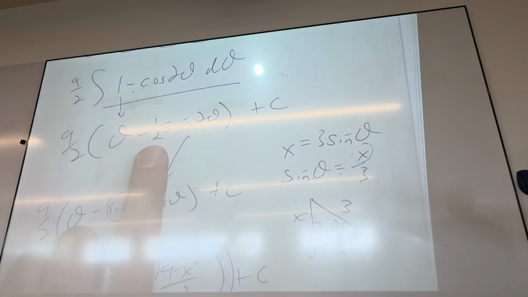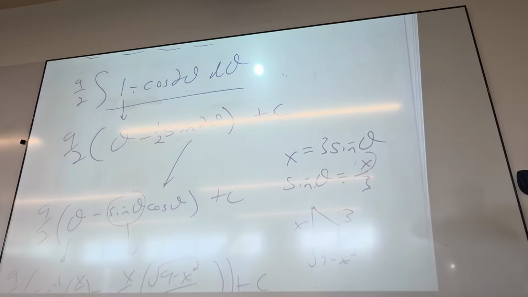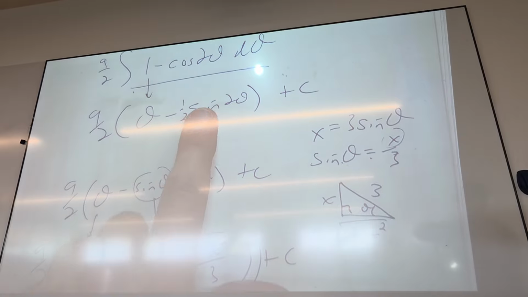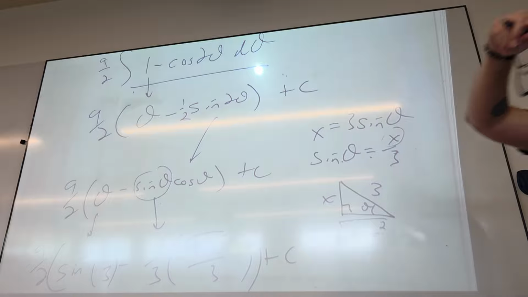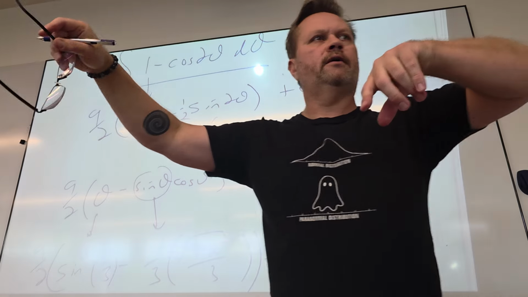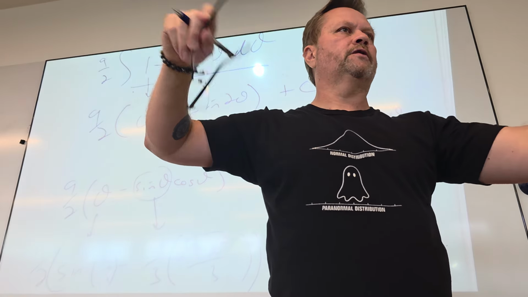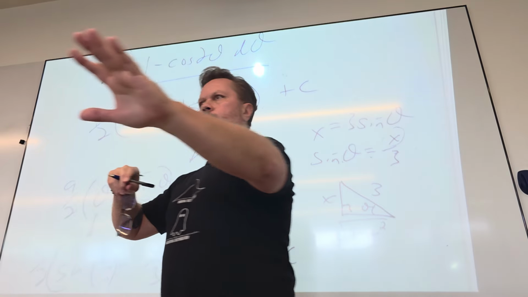So I've gotta kill the factor of 2 by putting a 1/2. Oh, from here to here? Yeah. Sine 2 theta is 2 sine theta cosine theta, so 1/2 of that is sine theta cosine theta. Okay, good. How are we doing?